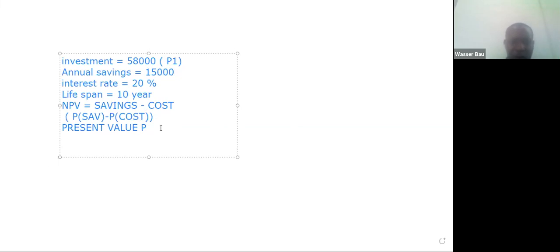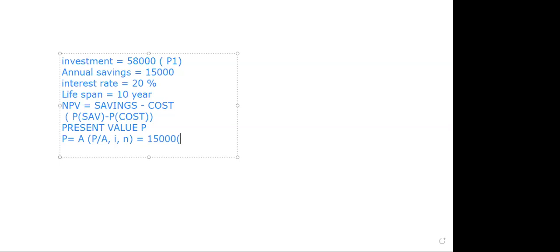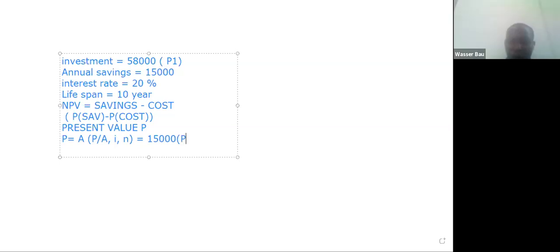We're looking for P given A, and in brackets, the factor P over A, comma, I, comma, N. This is the same as 15,000 in brackets, what is the factor of P over A at 20% at 10 years?